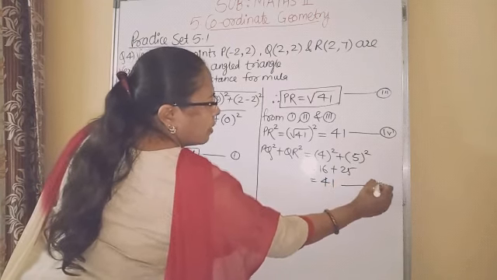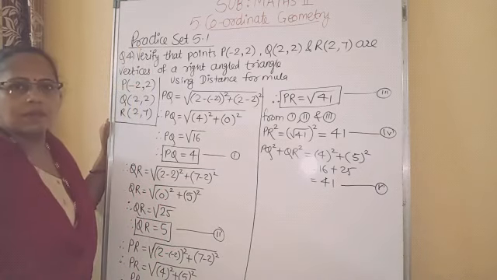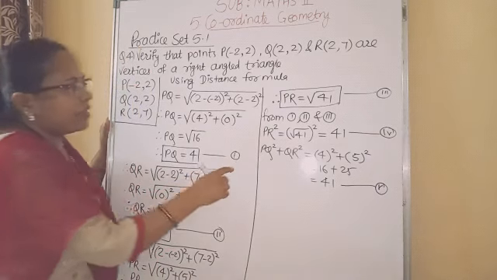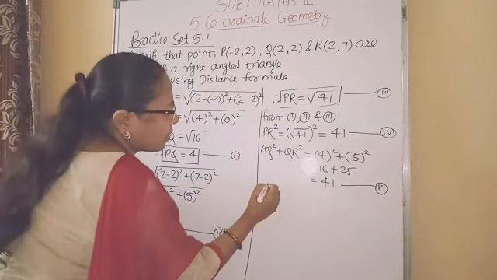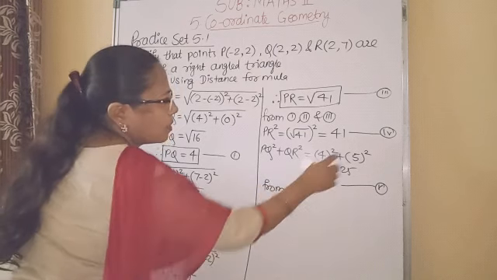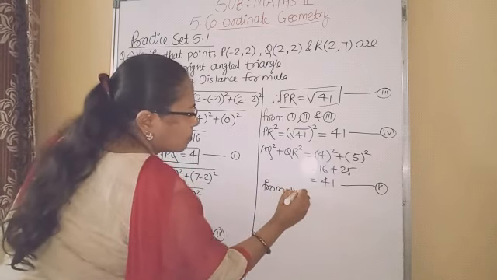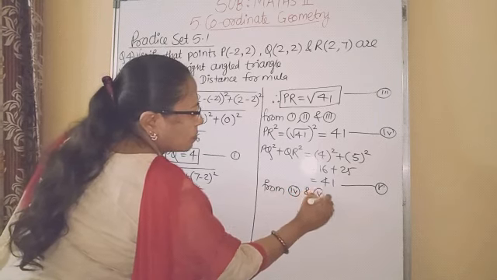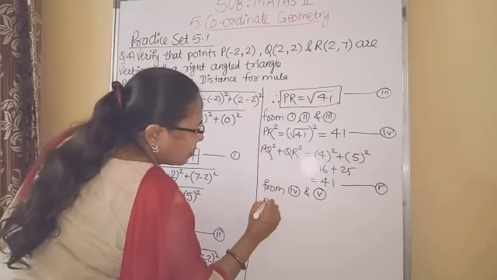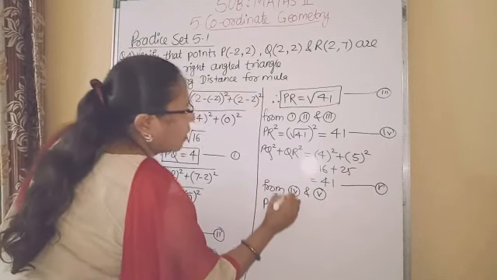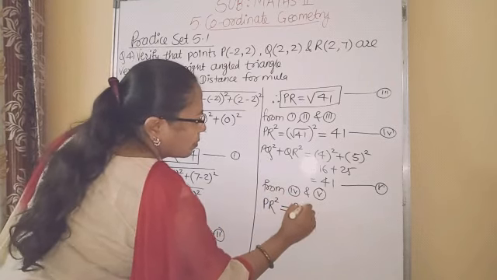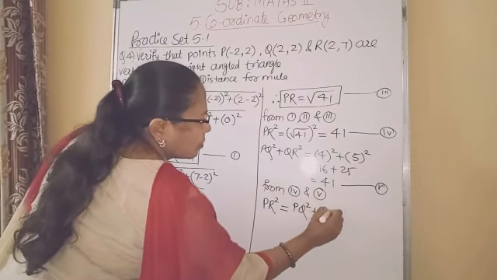Give statement number 5. Okay. Now here we will get, from 4 and 5, PR square is equal to PQ square plus QR square.